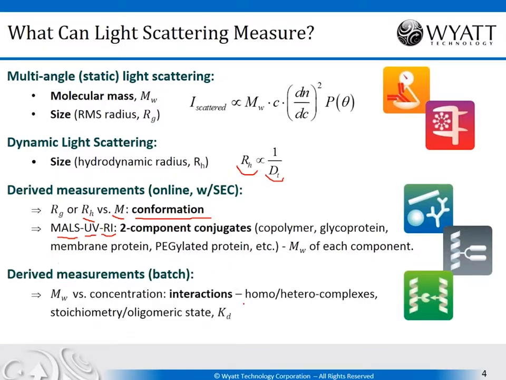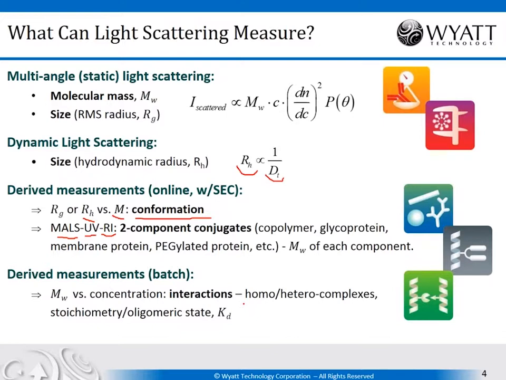We can also obtain derived measurements in batch mode, which does not involve fractionation. So in batch mode, we're actually going to measure the weighted average molecular weight of the solution as a function of concentration and composition, and from that we can learn about interactions, because as you change the concentration or composition, you'll have changing degrees of formation of complexes.